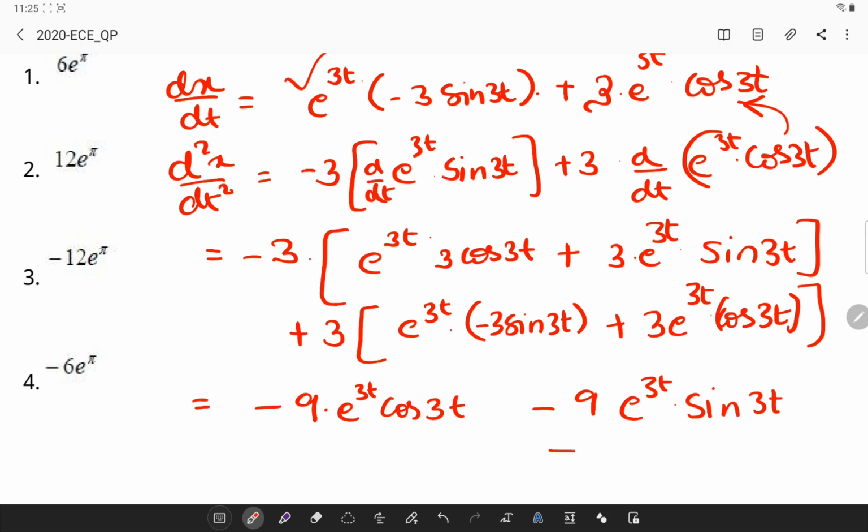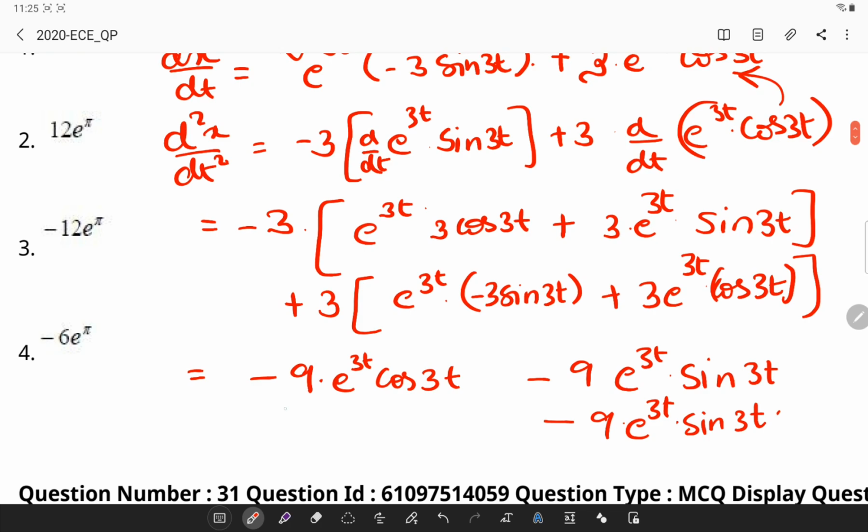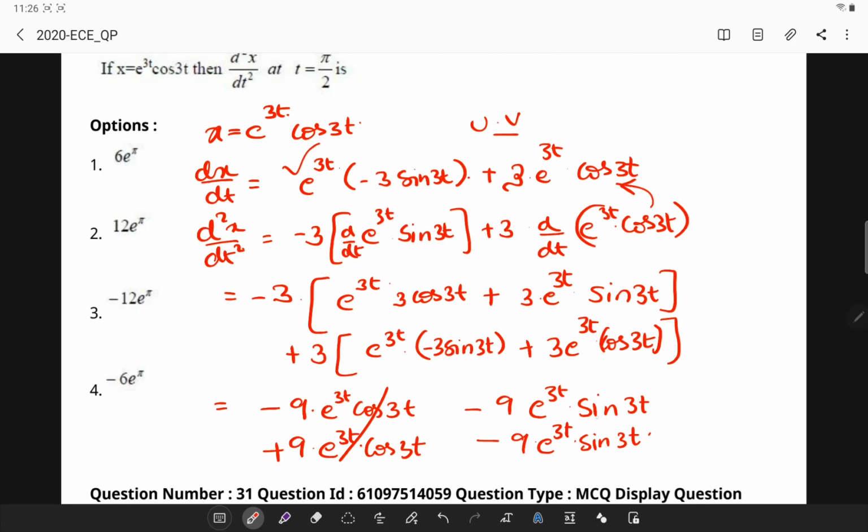So here also I will be having 3 threes are 9 e power 3t into sine 3t, and here I will be having 3 threes are 9 into e power 3t into cos 3t. So cancelling this, I will be left with minus 18 e power 3t into sine 3t.